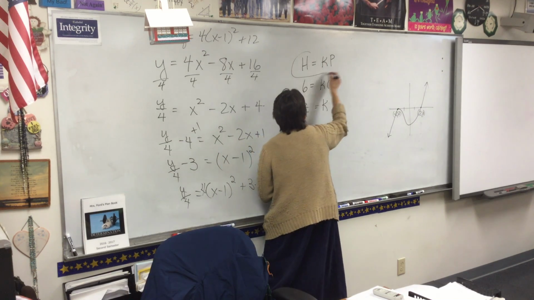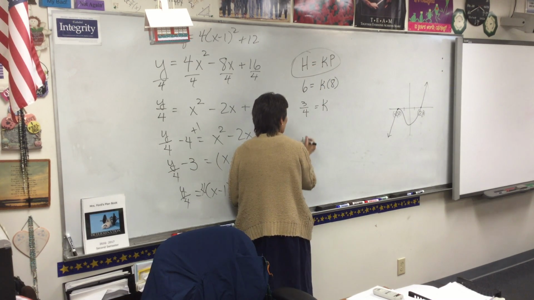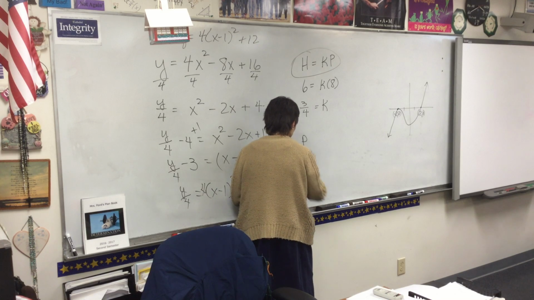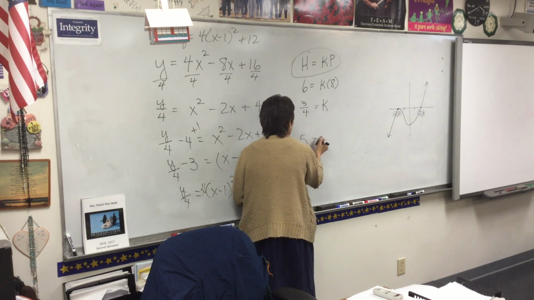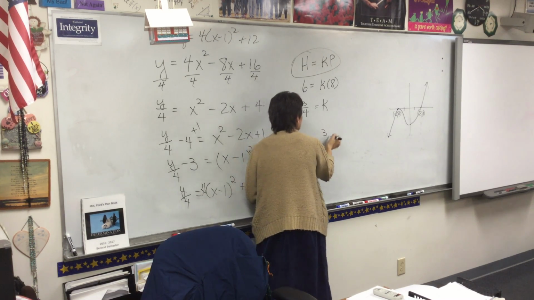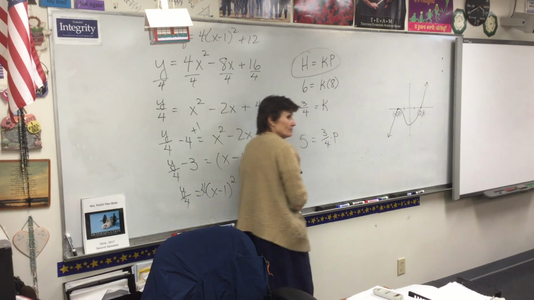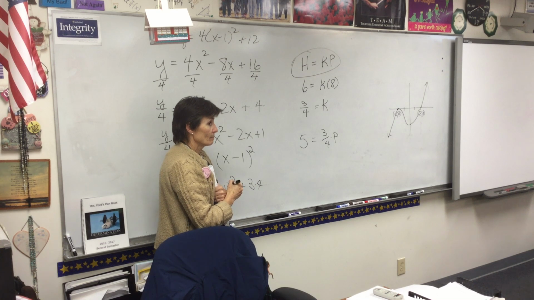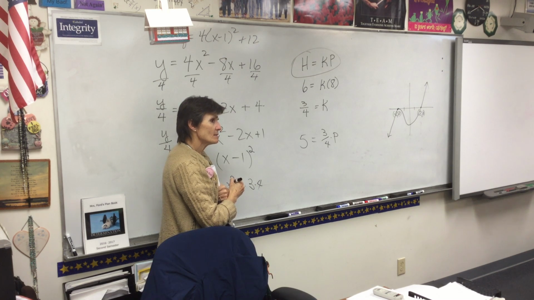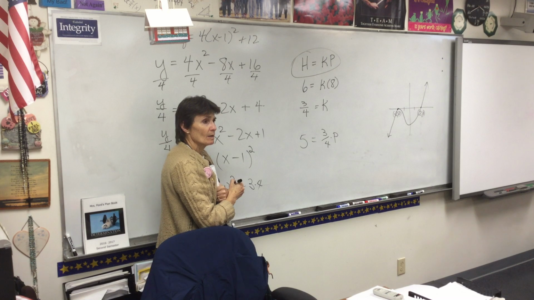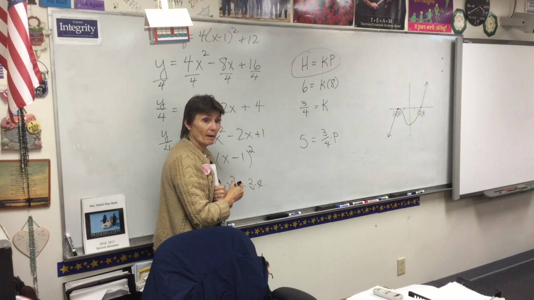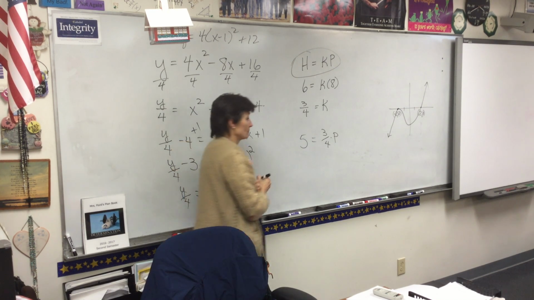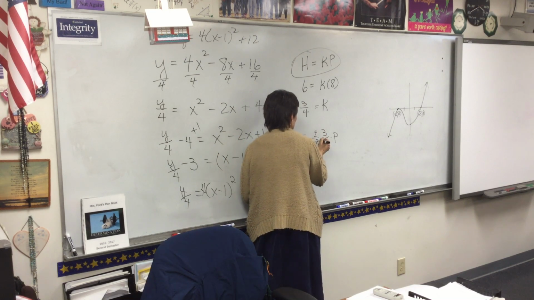So we'll go back to this equation and say 5 equals 3/4 times P. Now how will I figure out what P is? Multiply by 4/3.